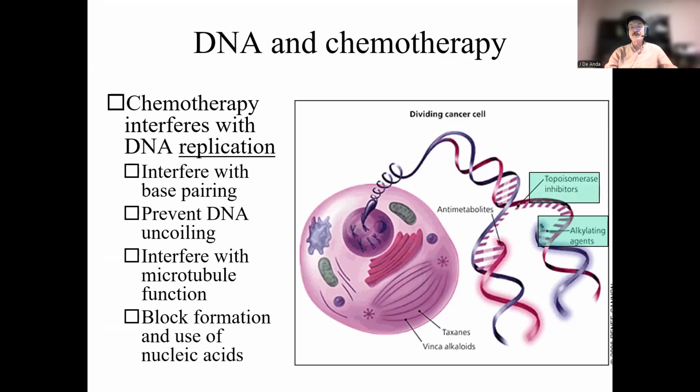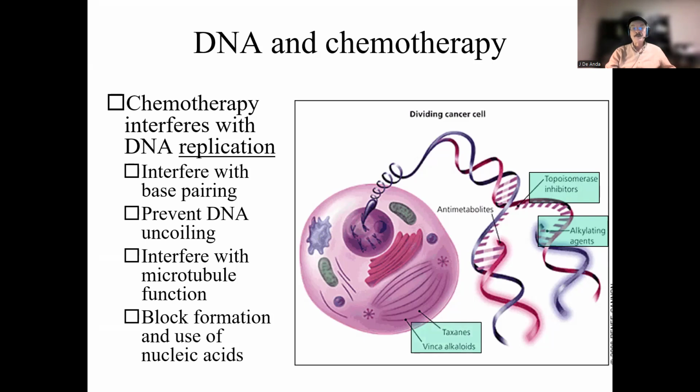These are topoisomerase inhibitors. Remember, in order for DNA to replicate, it has to open up, right, into this replication loop. Well, if you could block that, you might be able to prevent those cells from continuing to replicate. Other ones affect other functions that are not directly related to replication, but the actual cell division.